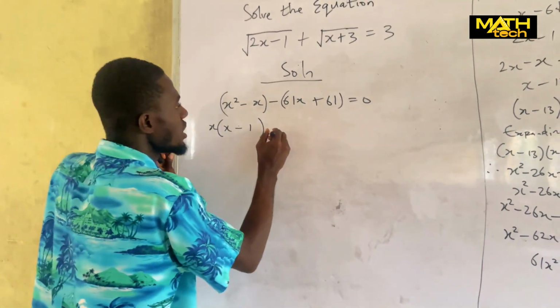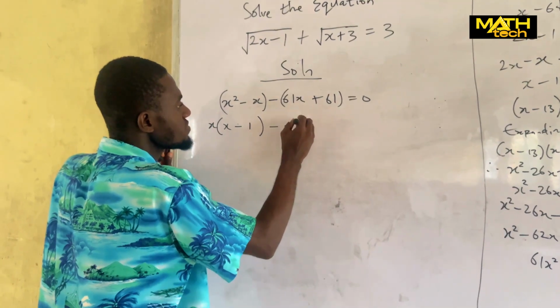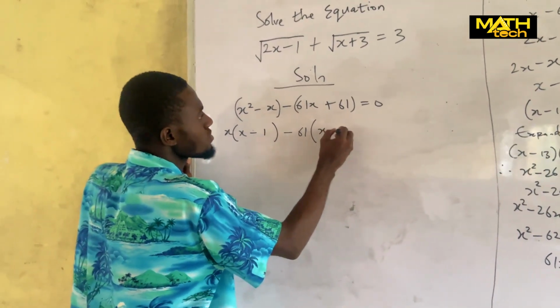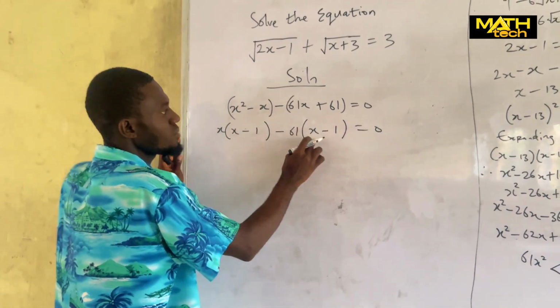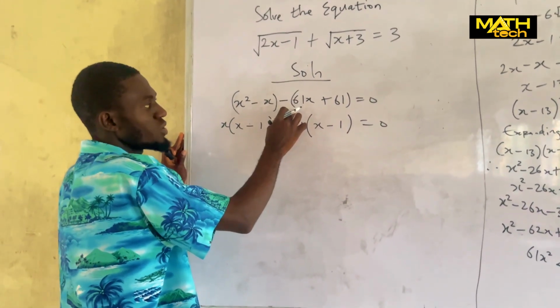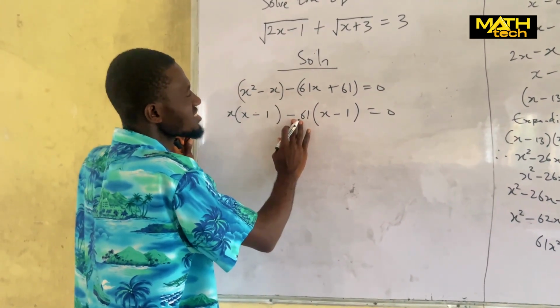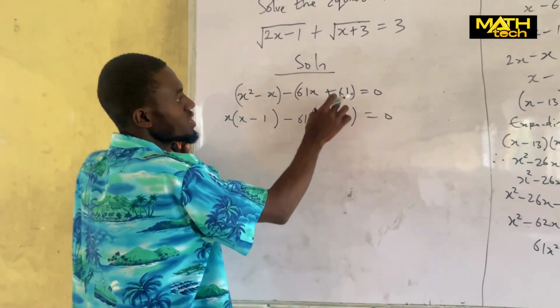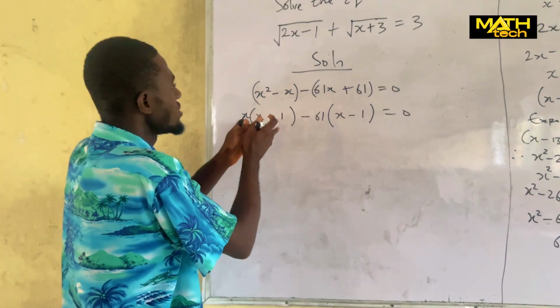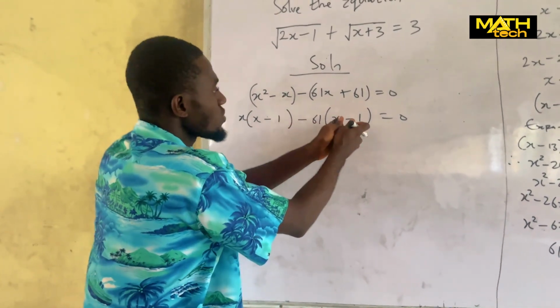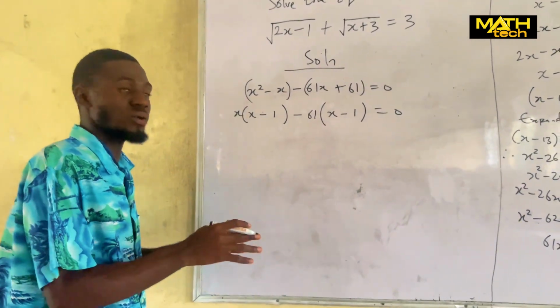Minus x. And here will be minus 61 into x minus 1. Minus 61 times x gives us minus 61x here, and minus 61 times minus 1 gives us what? Plus 61 here. Since we are having x minus 1 in this bracket and x minus 1 in this bracket, it means that we have factored our quadratic equation well.